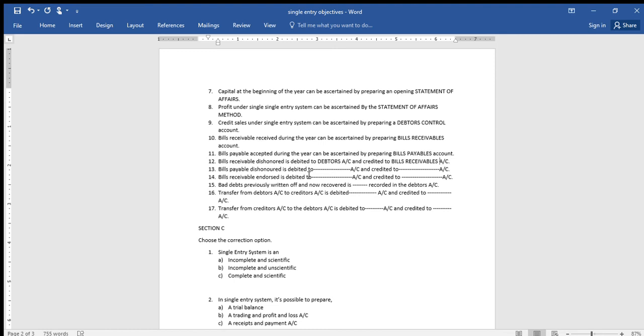So when you pay them, you debit the bills payables account, but when the payment is dishonored, you do the opposite. You credit the account. So bills payables dishonored is debited to the bills payables account.